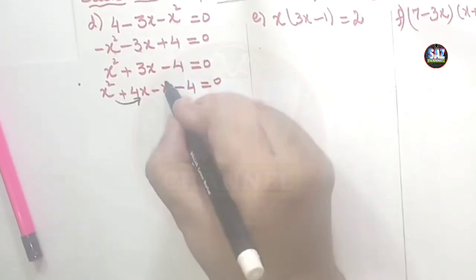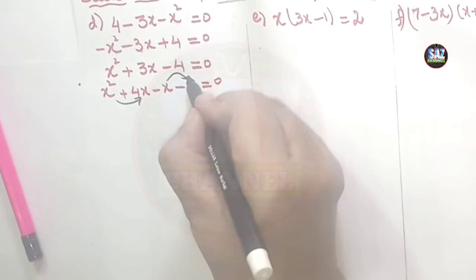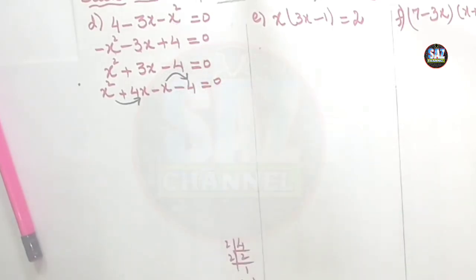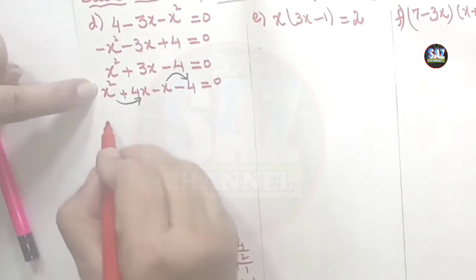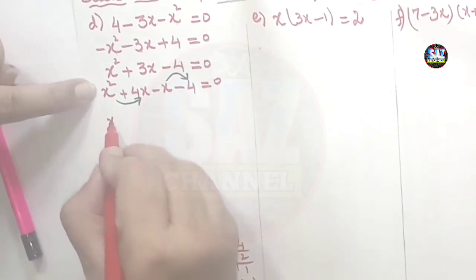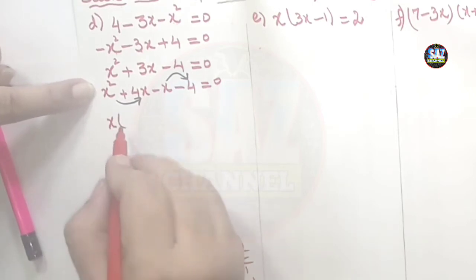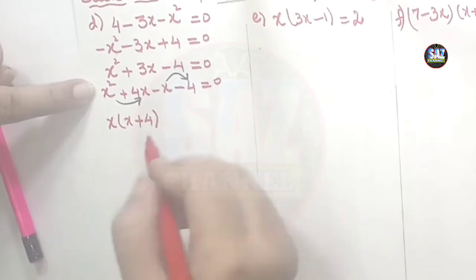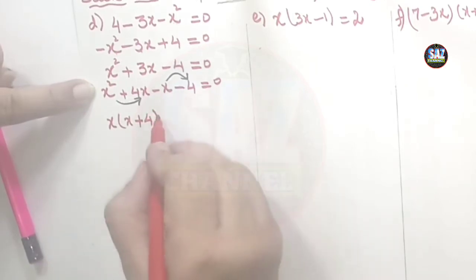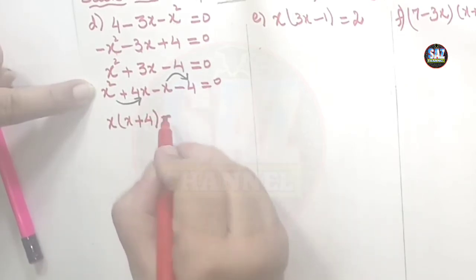This procedure is same as the factorization of quadratic expressions by hit and trial method, and from each group extract some number or letter as a common factor. From the first group, I can extract x as a common factor, and I will be left with x plus 4. Coming to the second group, I can see we have minus sign with both the terms.